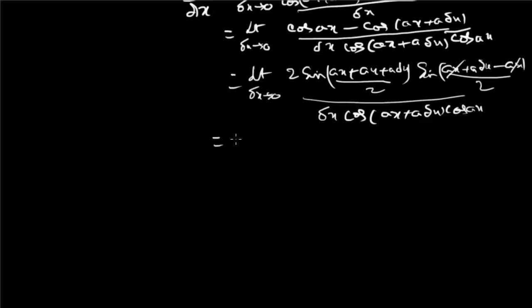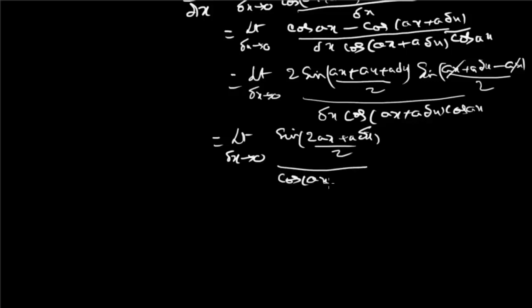So this step is important, that is what you have to readjust the whole problem into sin theta by theta form. So sin of ax plus ax is what? 2ax. Sin of 2ax plus a delta x by 2, divided by cos of ax plus a delta x into cos ax.